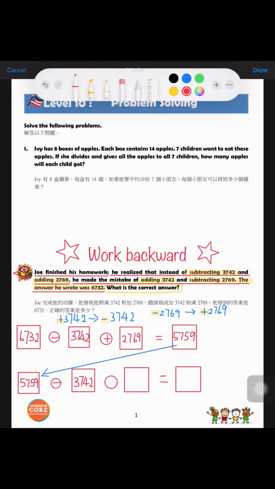And then add it by 3,742. Which equals to 4,786. Therefore, the correct answer would be 4,786.